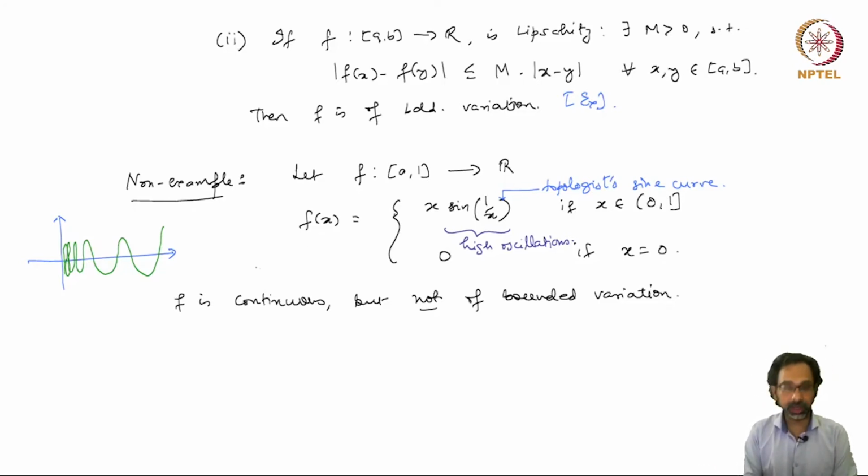the limit as x goes to 0 from the right hand side is precisely 0, even though x sin(1/x) is not well defined at 0, but still the limit exists, and this makes the function continuous.